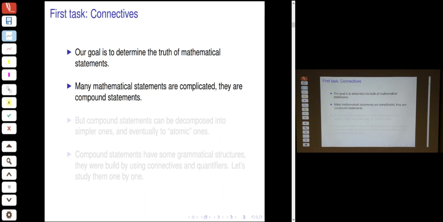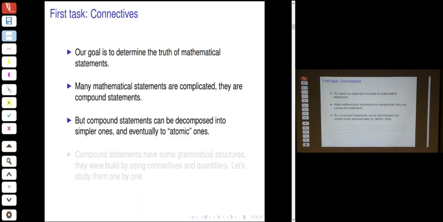But many mathematical statements are complicated. It's a long statement, right? They are compound statements, right? This has nothing to do with compound interest, but they consist of lots of short sentences and then somehow combined by some connectives, right?